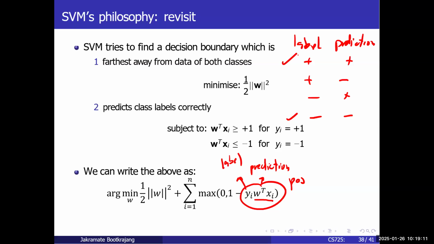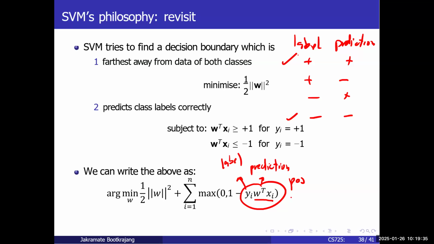So what does it mean by these two cases? It means that your prediction is correct, right? When your prediction is correct, you have the same sign between your prediction and label. So when you multiply the same sign, you get a positive number.